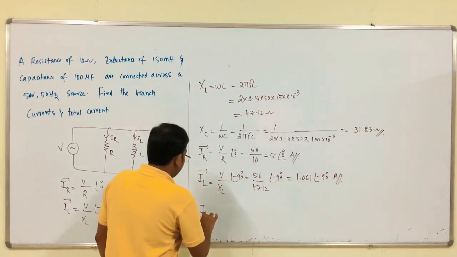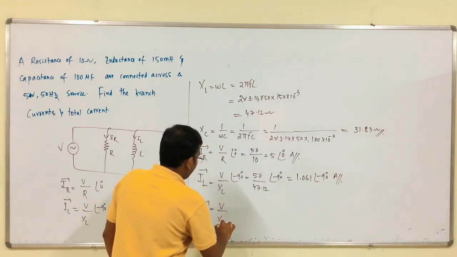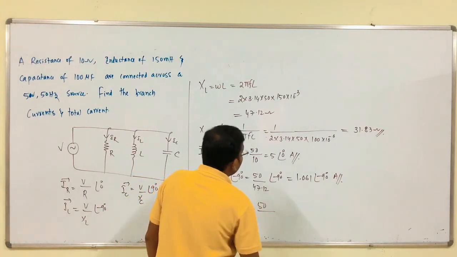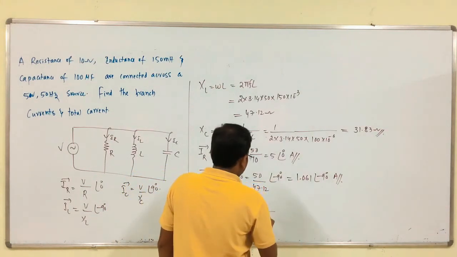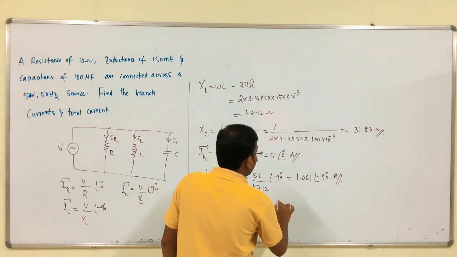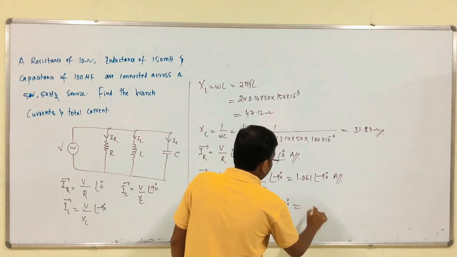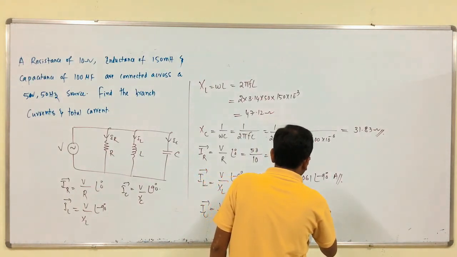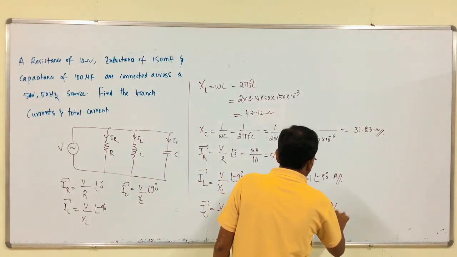Like this, IC is what? V by XC at an angle plus 90, which is equals to 50 by 31.83 at an angle 90, 1.57 at an angle 90.